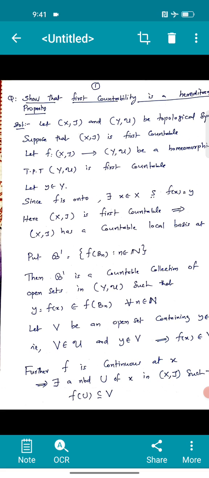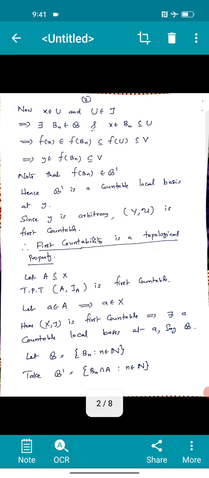And we are taking V as an open set containing y in Y. That is, V in the topology U and y in V, which implies f of x is in V. Further, f is continuous at x. This implies there is a neighborhood U of x in X such that f of U is a subset of or equal to V. Now x in U and U in the topology.